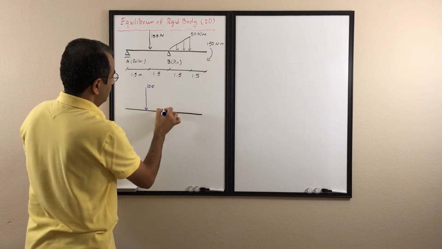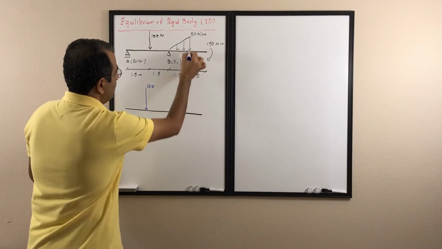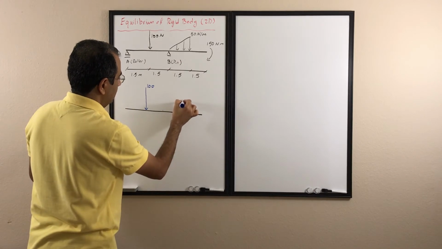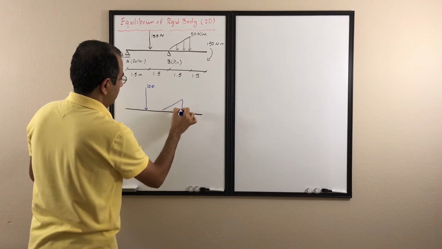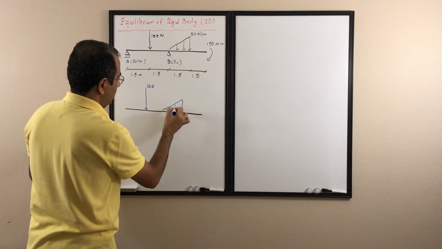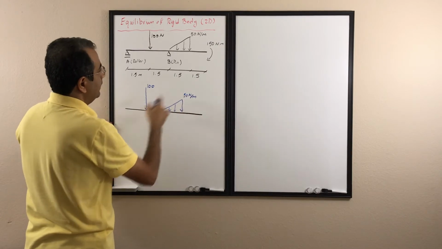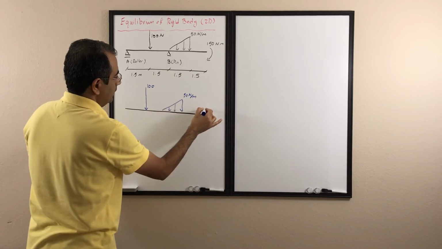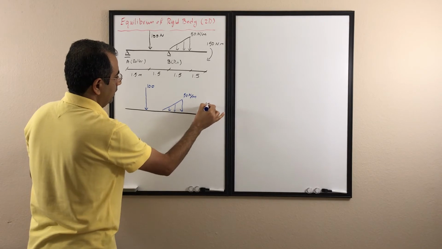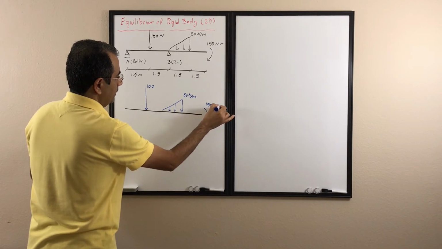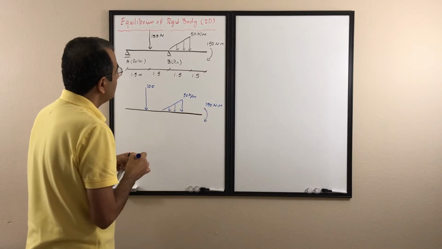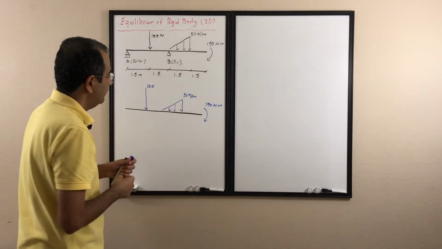Then I have the external triangle load here. It's going to be 50 Newton per meter. And then I have this external moment here, which is going to be 150 Newton meter. So these are the external forces and external moment I have.